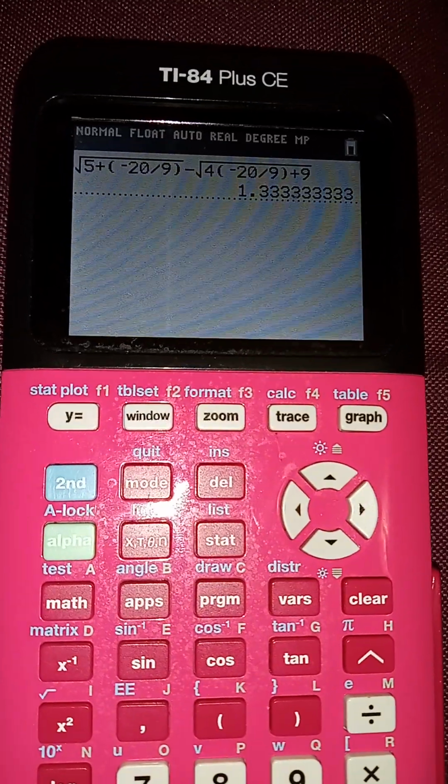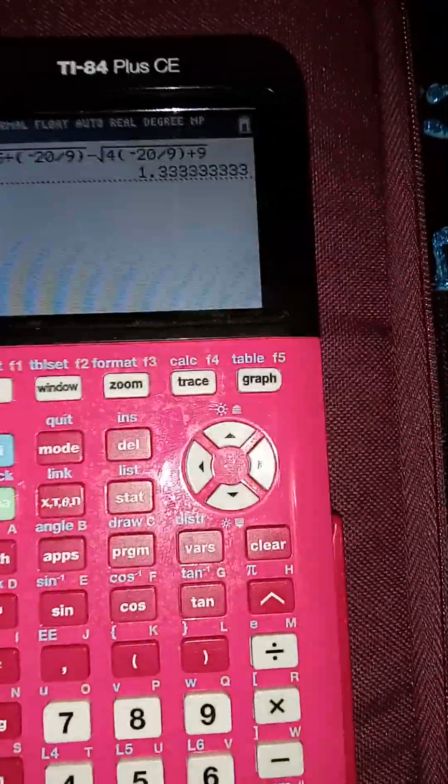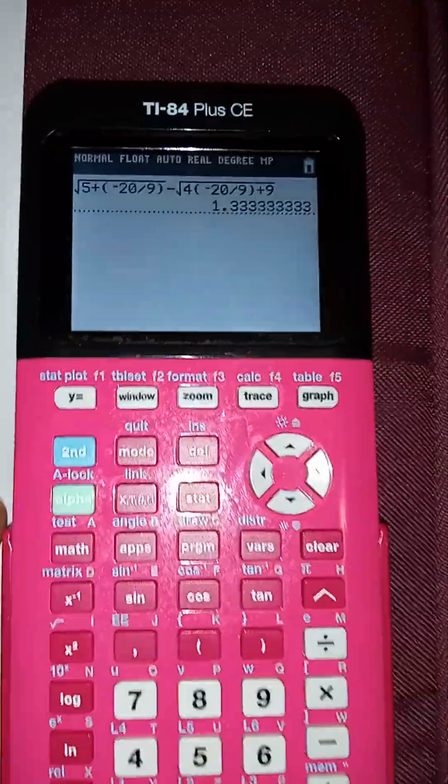Okay? So that shows it does not equal the expected value.